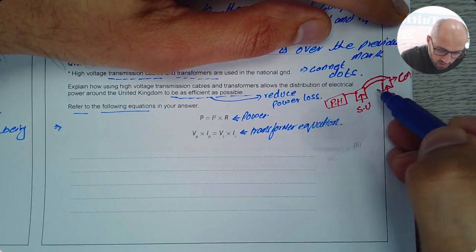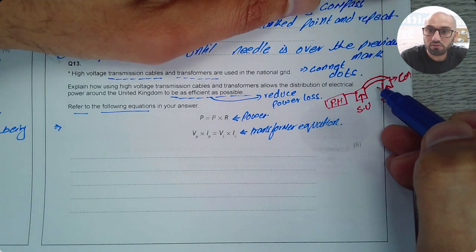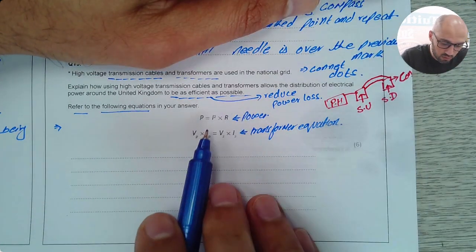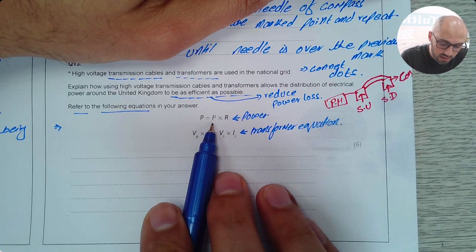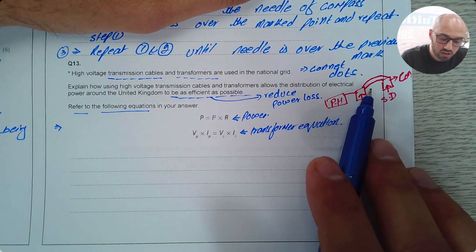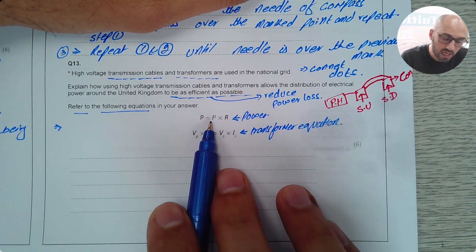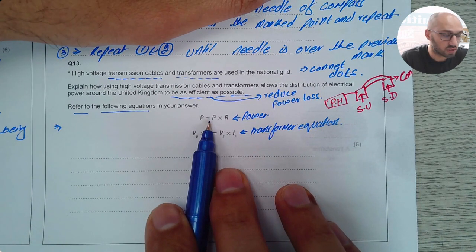We now know that these transmission lines are very, very long. This means they will have very high resistance. So if I look at this equation, it tells me when the wire has current in it, there will be some power losses. Now we can't do anything to the resistance of this wire, but current can be changed in this wire with the help of a transformer.